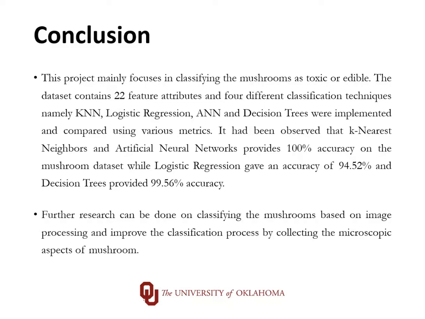It was observed that the artificial neural networks and k-nearest neighbors outperformed decision trees and logistic regression with 100% accuracy. This project can be further extended to classify mushrooms based on image processing, or to improve the classification by observing the microscopic aspects of the mushroom.